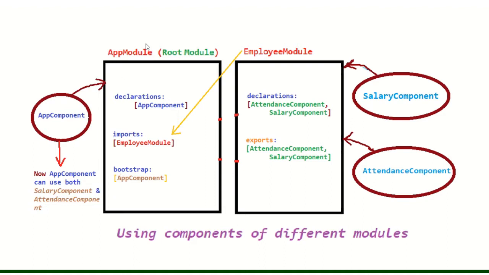As you can see on the left side, the app module is saying that I am using the app component, so it is declaring it. Again, this app module is the parent, and it is saying that my app component needs these two components, the salary component and attendance component. So I am importing the employee module. I cannot directly import any component from another module.